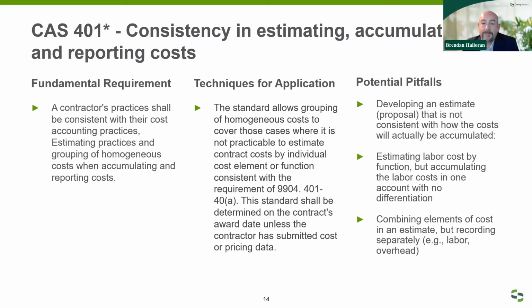Another instance where folks can run into some issues is how you are showing particular elements of cost for your estimating purposes. And so if you're lumping particular elements together, it could be the labor or associated overhead into kind of one cost element, but in fact, you are building that up and accumulating it at those individual element levels, again, that's an issue where you would have a potential 401 non-compliance.